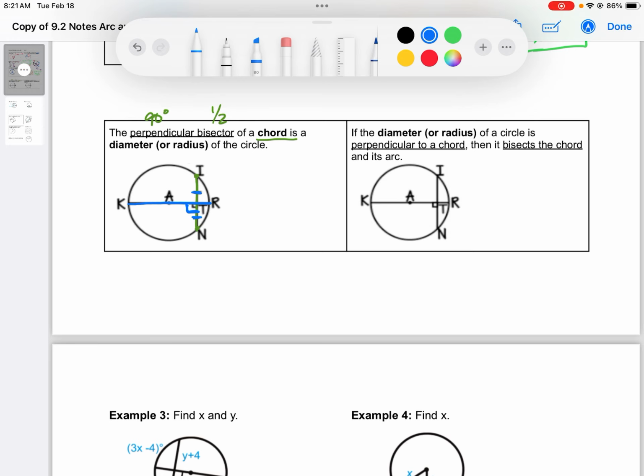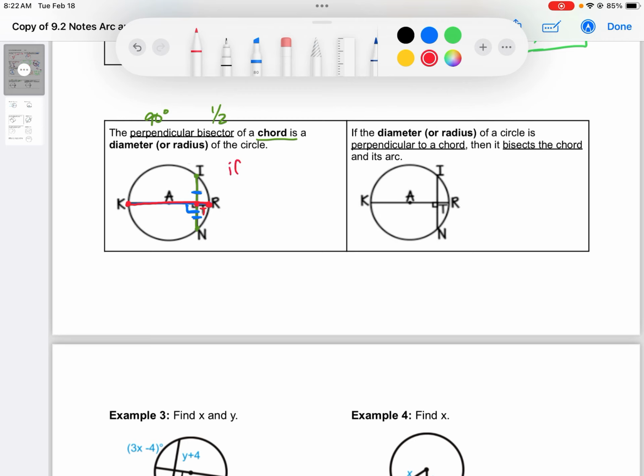If we find a chord's perpendicular bisector, that same perpendicular bisector is the diameter. See how it goes straight through the middle of the circle from side to side? So right here, you can barely see it, but there's a little T right there.